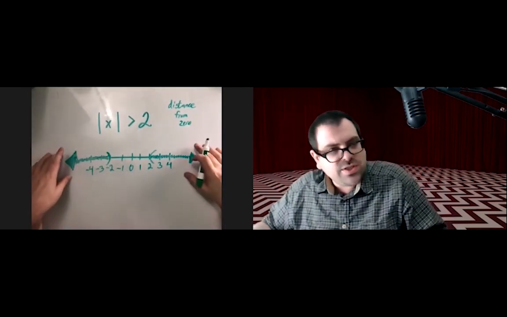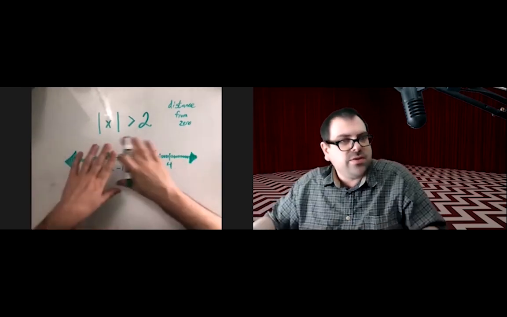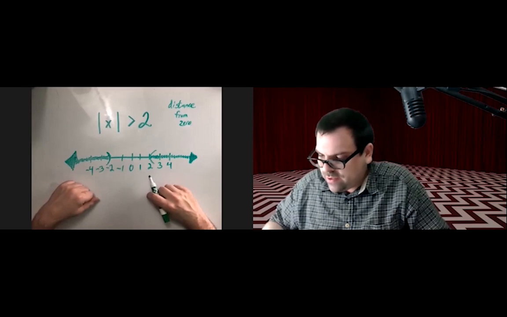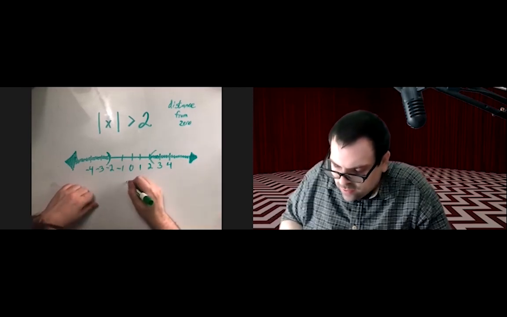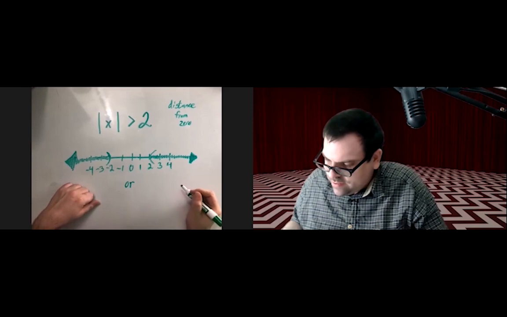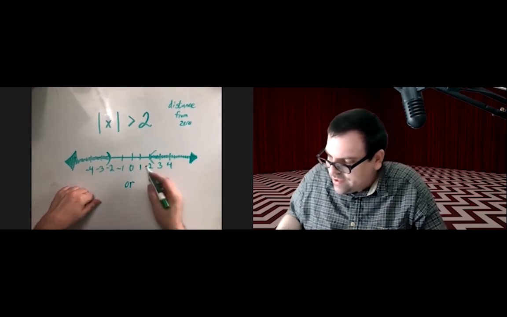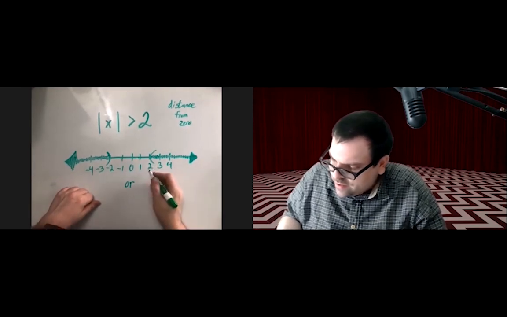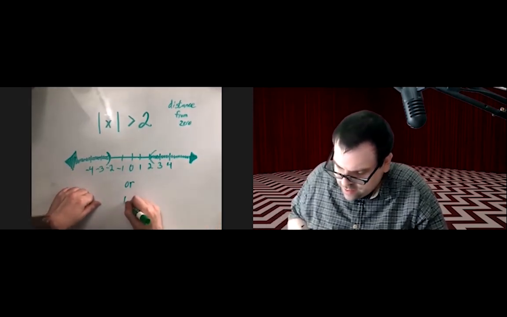So this is 2 separate intervals joined together as one answer. What does it mean when we bring those in? That's an or statement. This is a union.